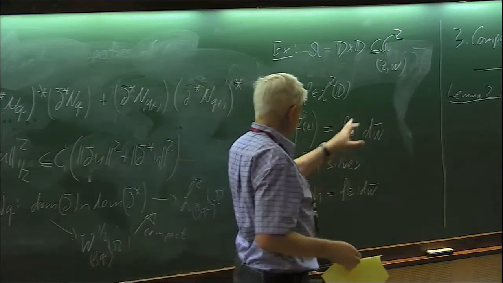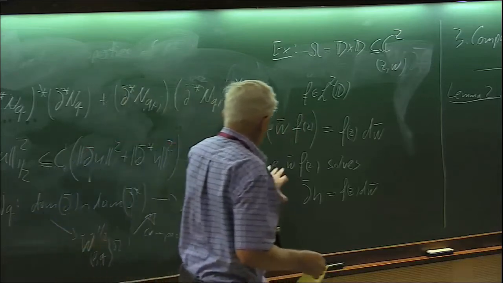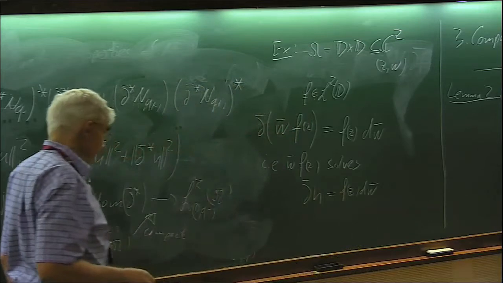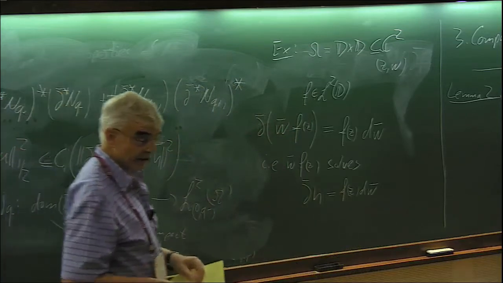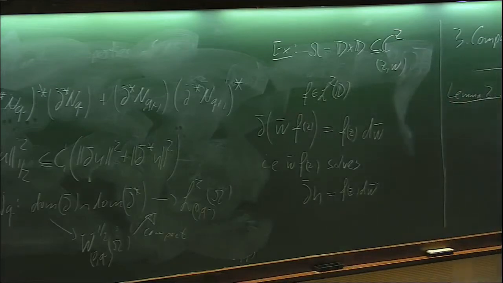And if f is square integrable on the disk, this is a form in L2 and so forth. So w bar f is a solution of this equation. I want to claim it's the canonical solution, that is the one that is orthogonal to holomorphic functions on the bidisk.